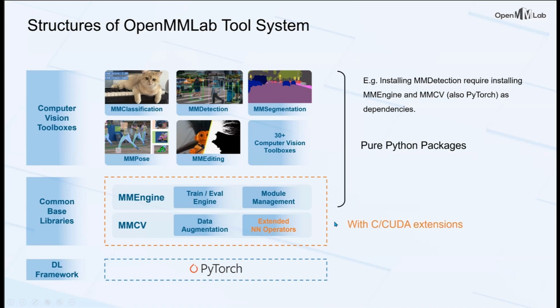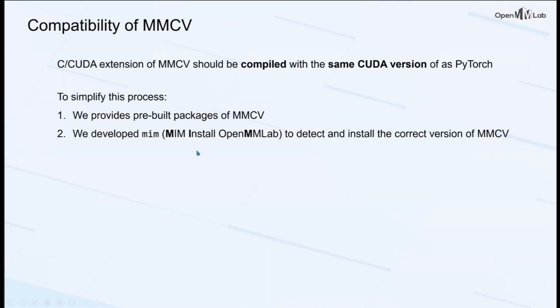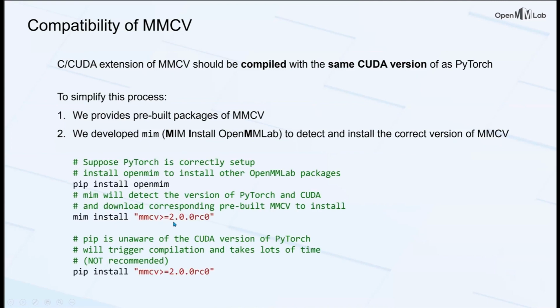And to make things easier, we provide pre-built MMCV packages and also develop a tool named MIM to solve such dependencies automatically. So to use MIM, we just need to install MIM first, and then install MMCV using MIM, with mim install instead of pip install.